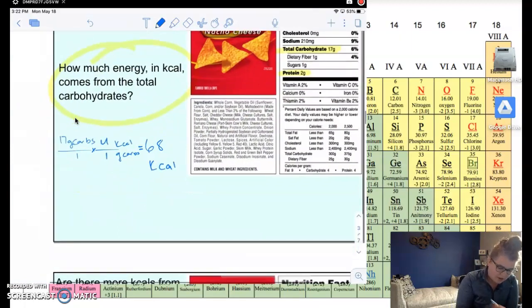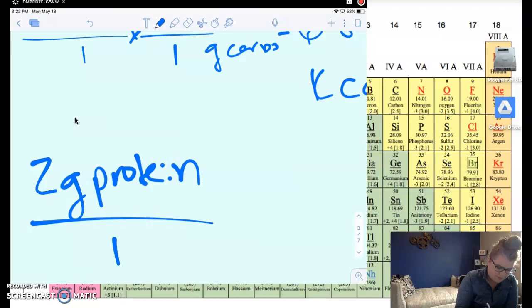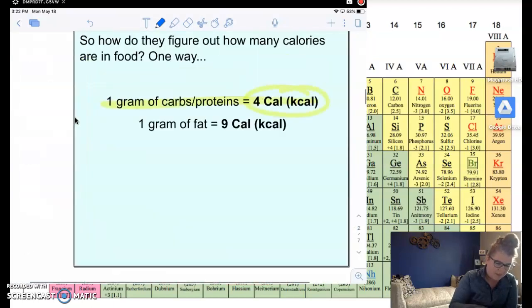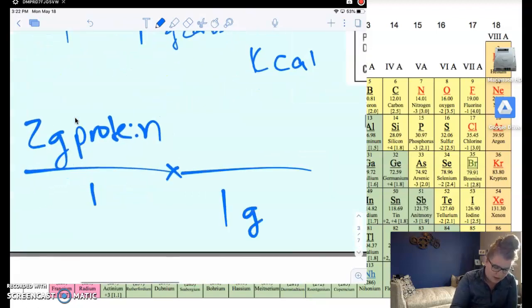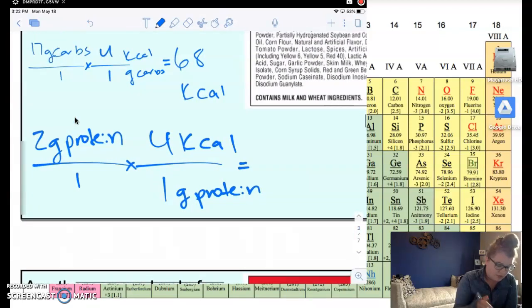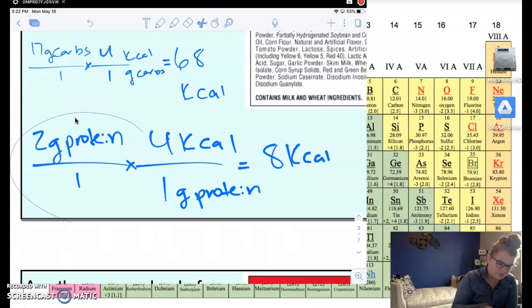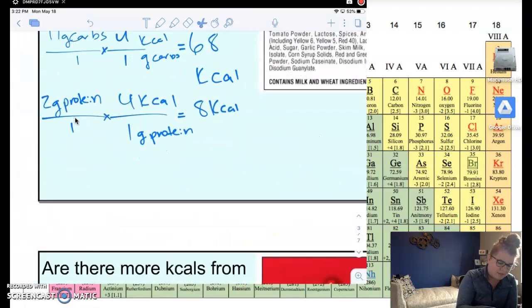So if there are 2 grams of the protein, and we come up here, it looks like 1 gram of protein is equivalent to 4 kilocalories. So 1 gram of protein is equal to 4 kilocalories. 2 times 4 is 8 kilocalories.